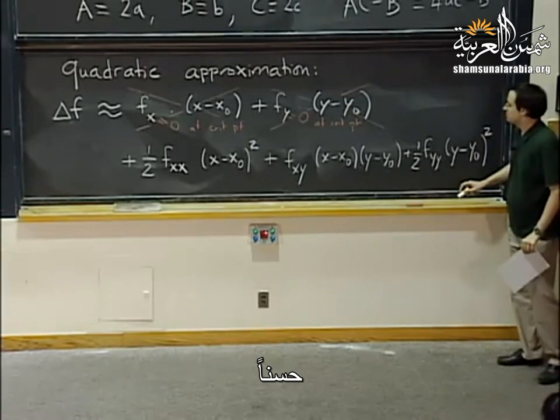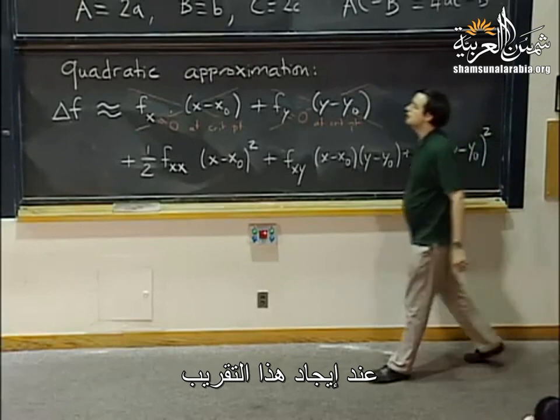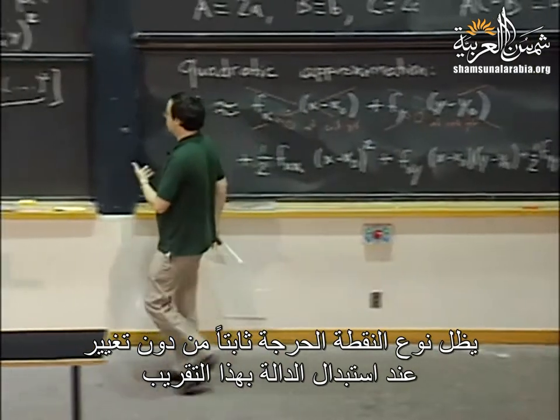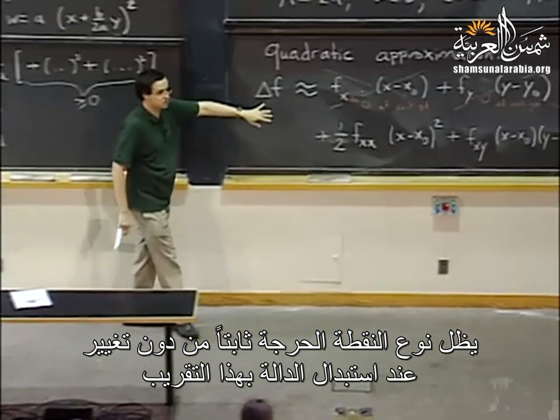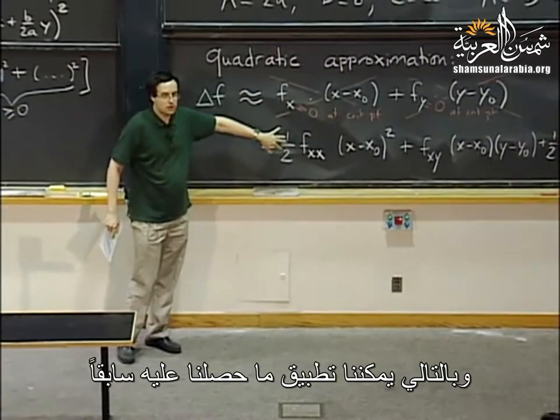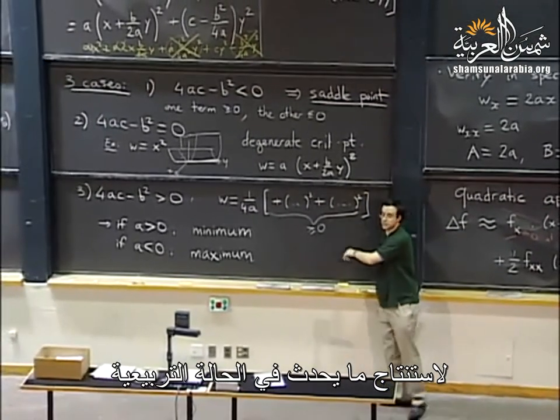And so now, when we do this approximation, the type of critical point remains the same when we replace the function by this approximation. And so we can apply the argument that we used to deduce things in the quadratic case.